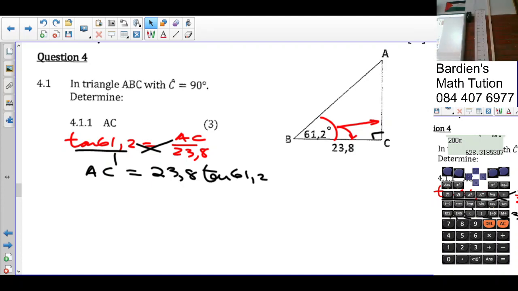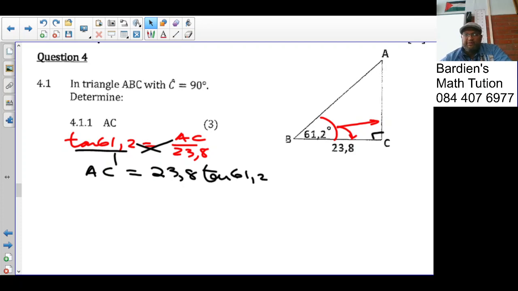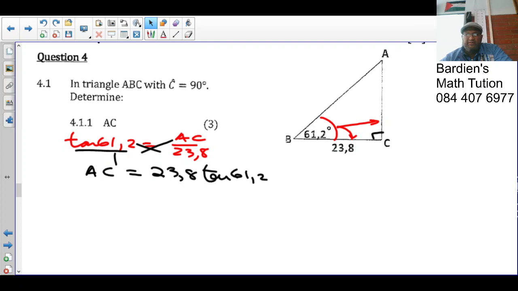Okay, the calculator is acting up again. So I'm just going to get to sort this out. Sorry about this.